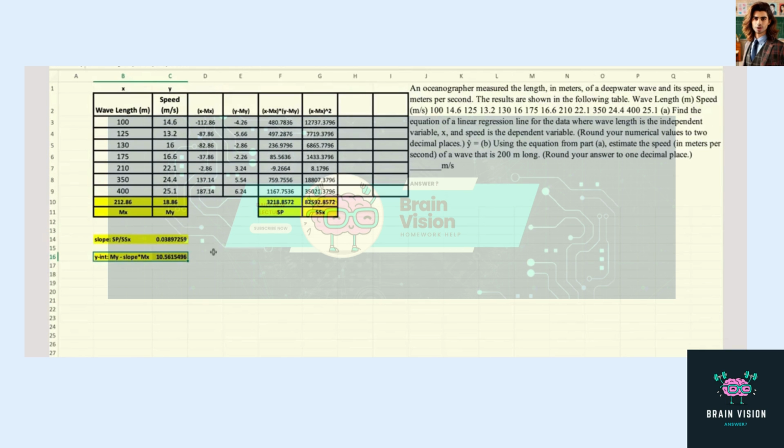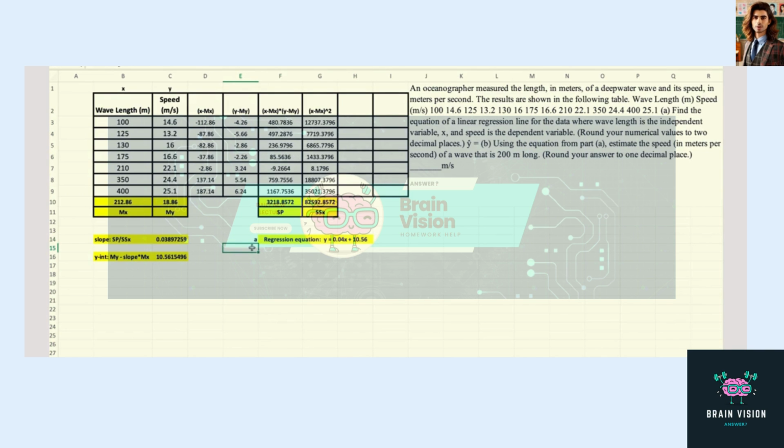Then I'm going to write my regression equation: y equals 0.04, because it wants you to round to 2 decimal places, x plus 10.56. Then I'm going to merge that and bold. So that's A.